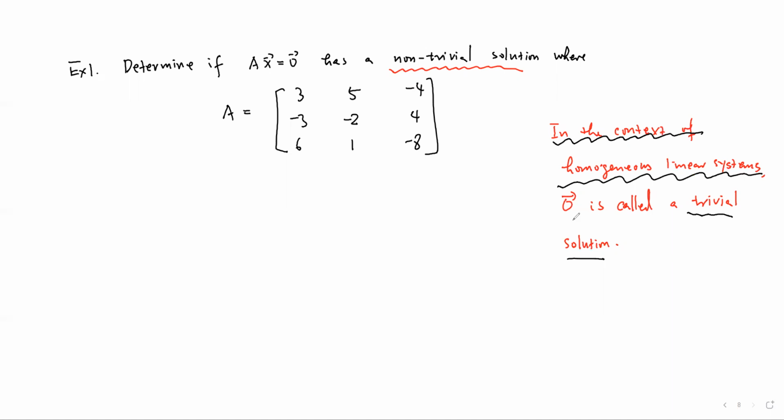Then how about non-trivial solution? When a solution is not 0, the solution is a non-trivial solution. So actually, this example determines whether the linear system has a non-zero solution. Then this is our first question.